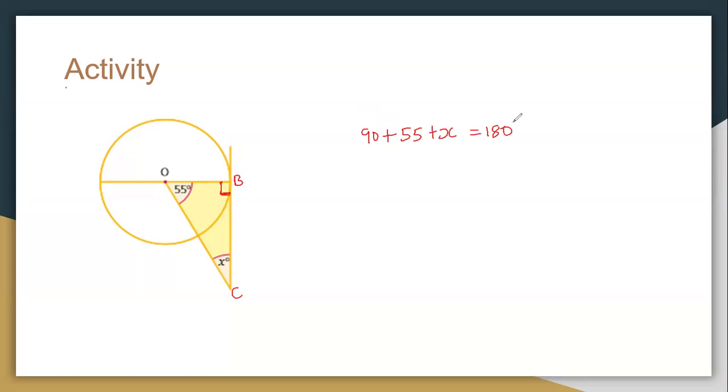Then 90 plus 55 gives you 145, plus x is equal to 180 degrees. So 145 plus x minus 145 is equal to 180 degrees minus 145 degrees. So x is equal to 35 degrees.